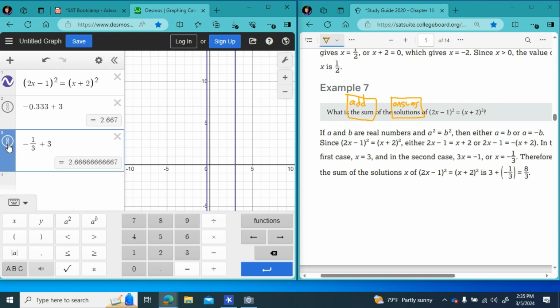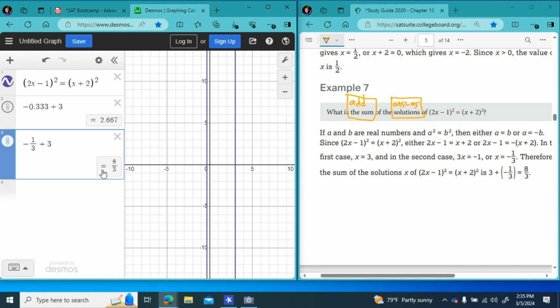And then if I want my answer as a fraction to be completely accurate, it would be 8 over 3, just like you can see here on the SAT answer key, it says 8 over 3. But like I said on the last question, SAT will take a rounded decimal answer or a fraction. So either of these would be correct, and either of these you would have enough characters to type in on the input spot for your answer on the SAT.